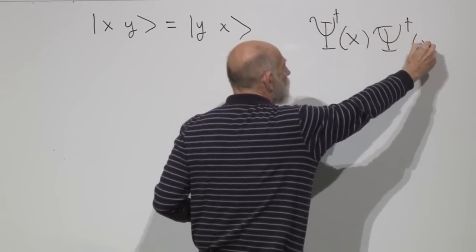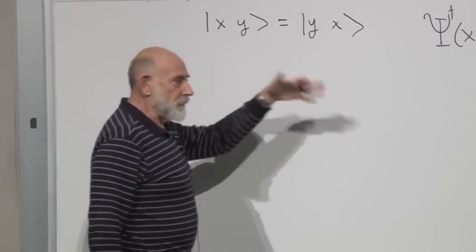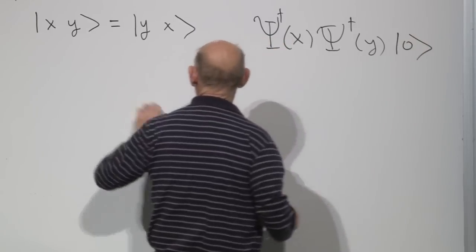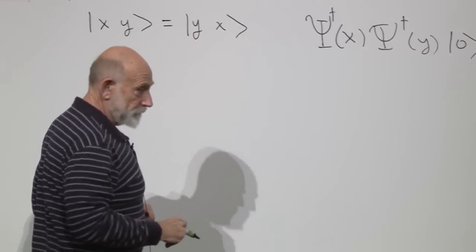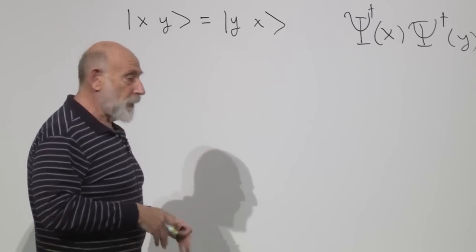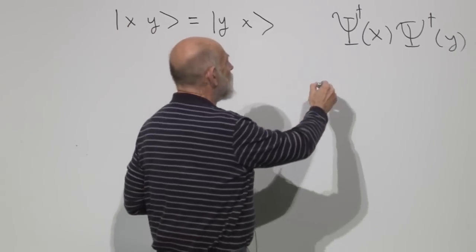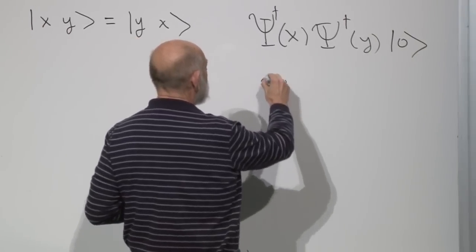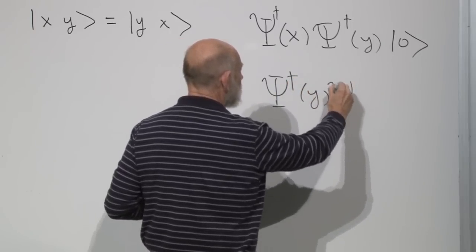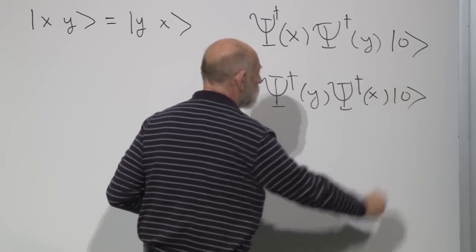A creation operator for a particle at x, a particle at y, and you let them act on the vacuum, and that creates particles at x and y. Supposing I want to interchange the two particles. That's just interchanging x and y. That would be psi dagger at y, psi dagger at x, also acting on the vacuum.